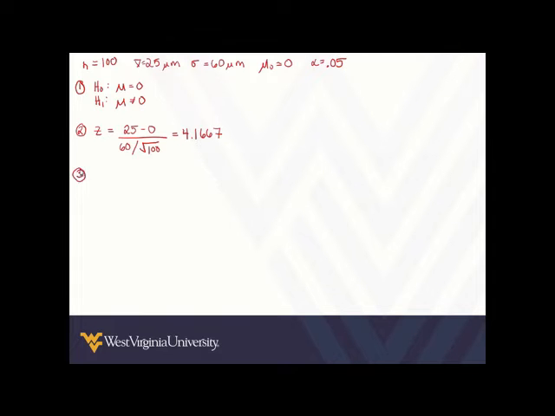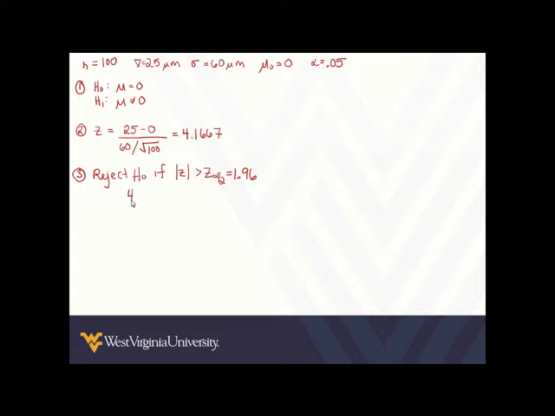And if we decide to go with the rejection region method, then we will reject our null hypothesis if the absolute value of z is greater than z alpha over 2. And since it's a two-sided test, alpha is 0.05, we know that means our z alpha over 2 is 1.96.